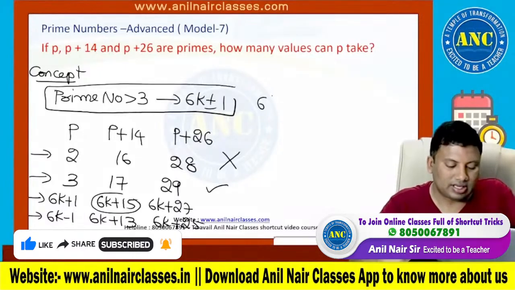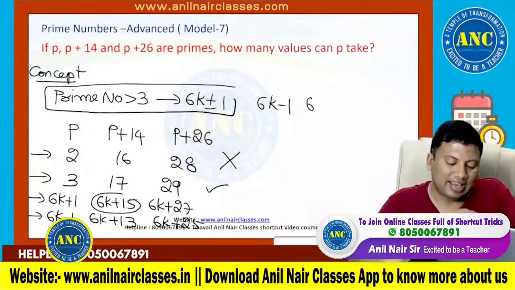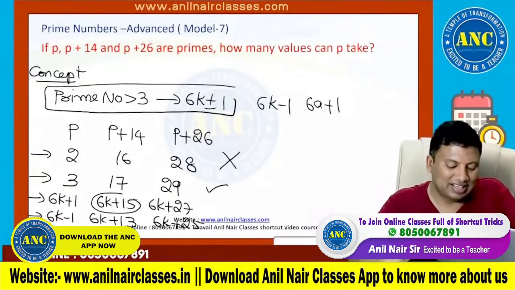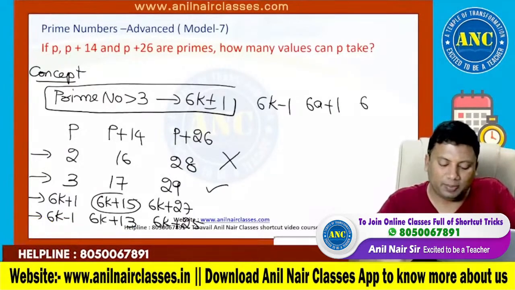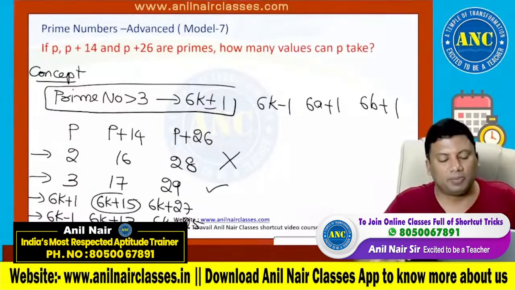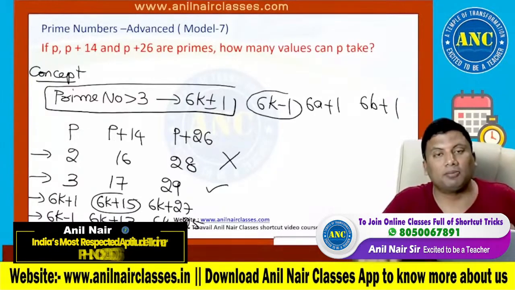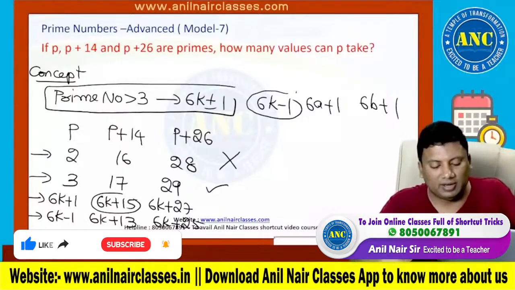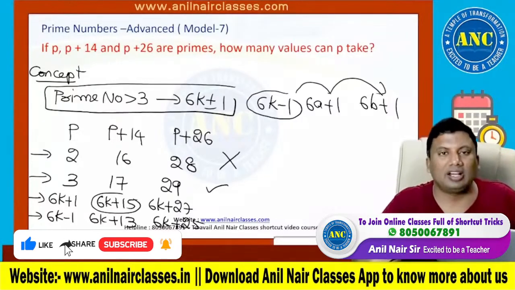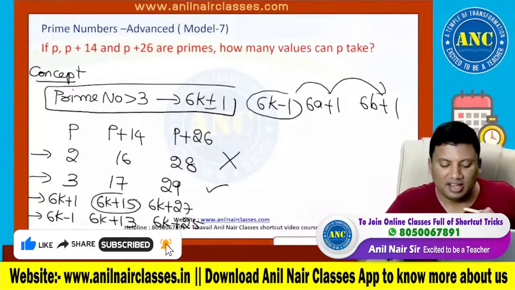So 6k minus 1: if I take k plus 2 common, this is 6a plus 1. If I take k plus 4 common, it is 6b plus 1. There are a few prime numbers of the form 6k minus 1 which give the other two numbers as prime numbers.